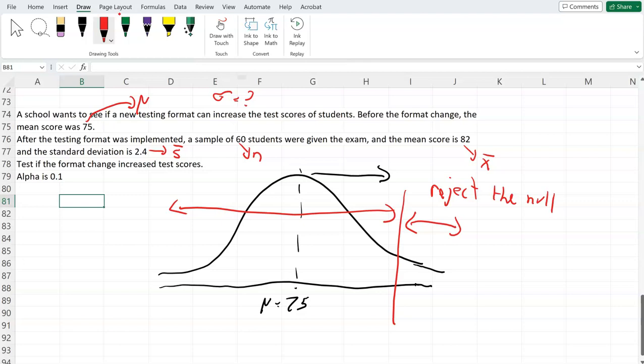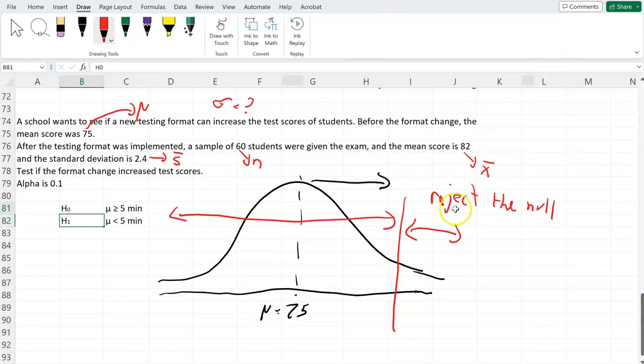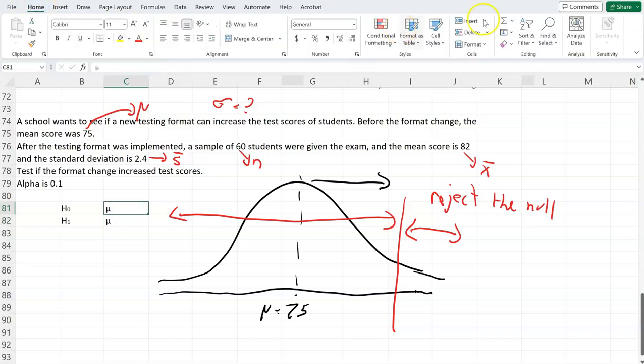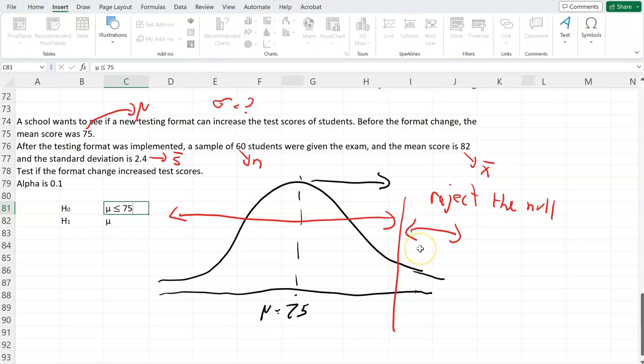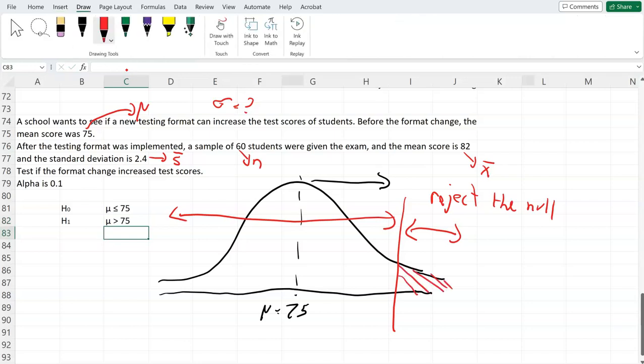So my null hypothesis would be that the mean is less than or equal to 75. And I want the mean to increase, so the alternate is that it is greater than 75. That tells me that anywhere I land on this side, I should reject the null.